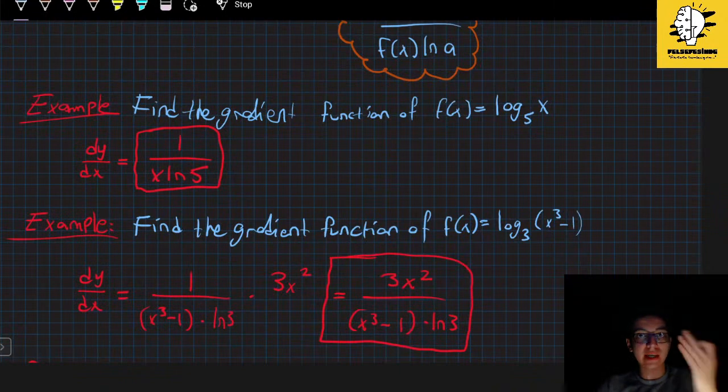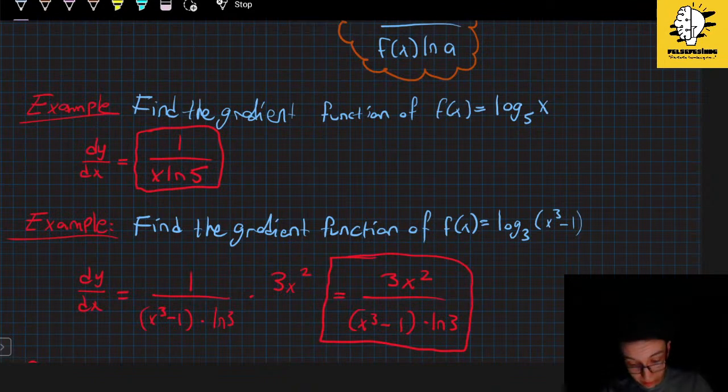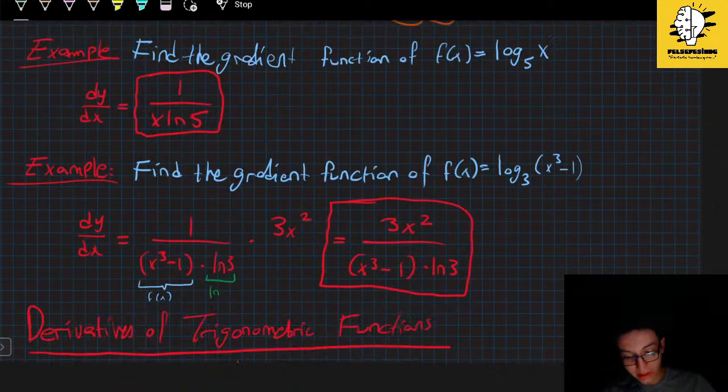So now I see that my f(x) is not x only, and it can be derived and it has to be written, it cannot be neglected. So 1 over x cubed minus 1 times ln 3, this is f(x) directly, and ln 3 is the ln a part, where a is the base and it's 3 over here, times 3x squared.